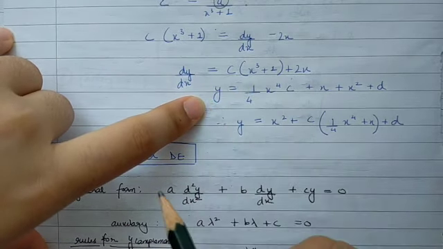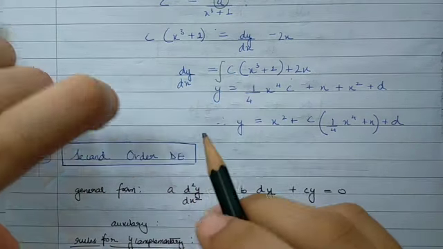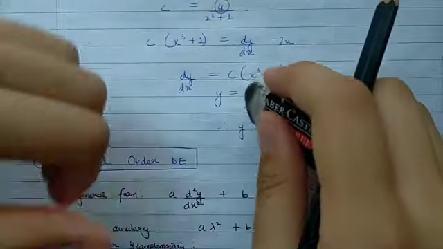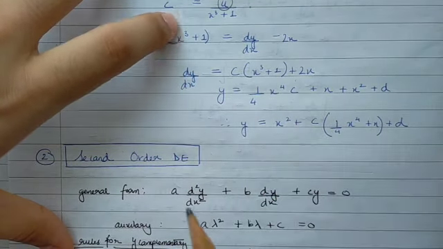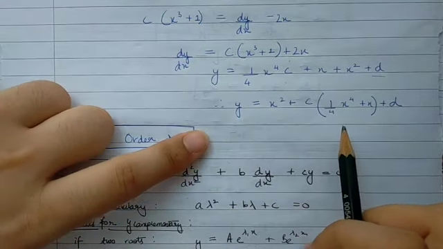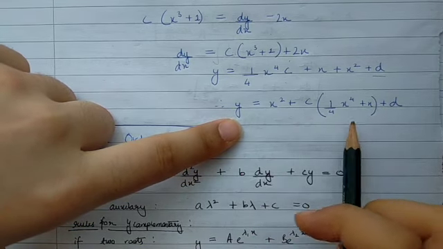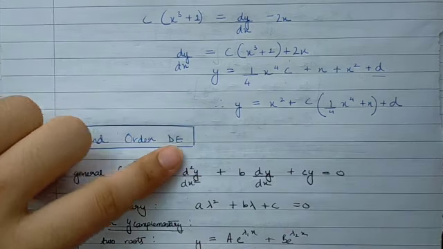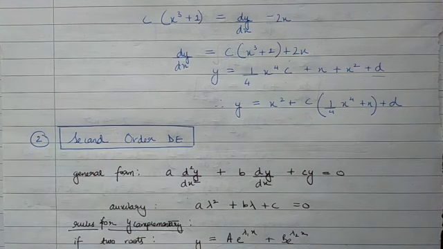And since we want a function of y, I have just integrated this. This is just a simple linear integration, and you get another constant d. And so we get our final answer for y, which is x squared plus c, brackets 1 over 4 x to the power of 4 plus x plus d. And that is how you solve second order linear differential equations with a substitution.